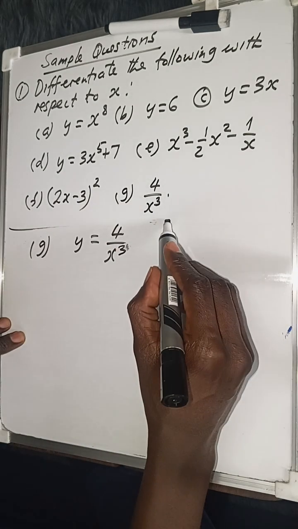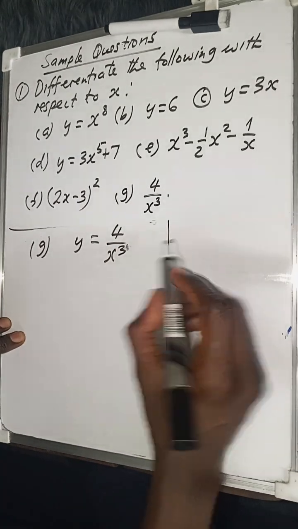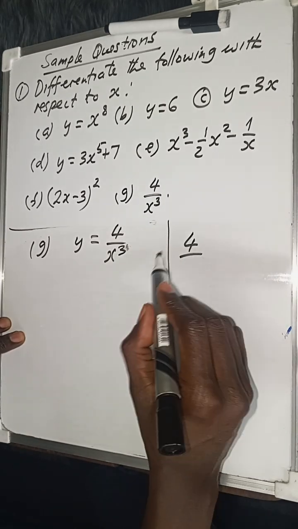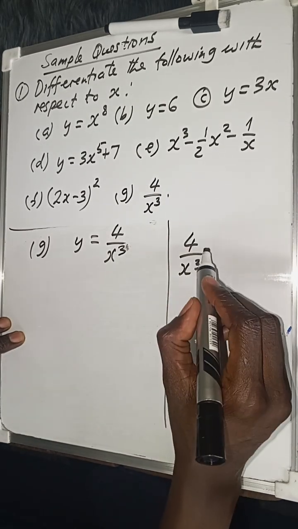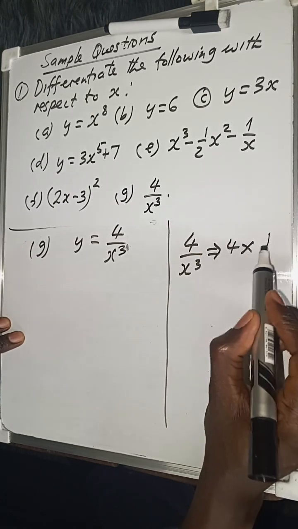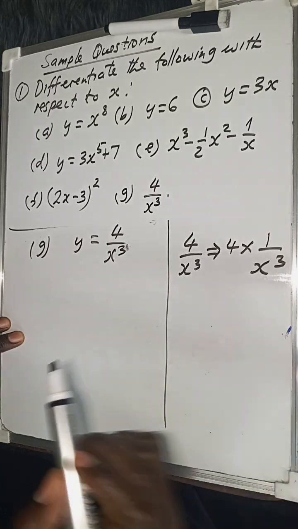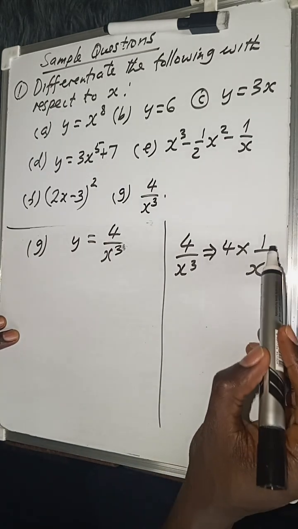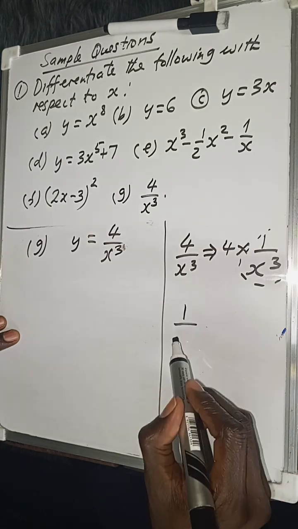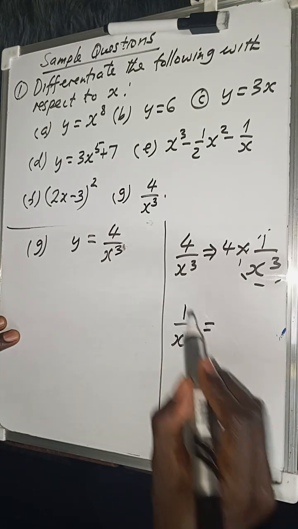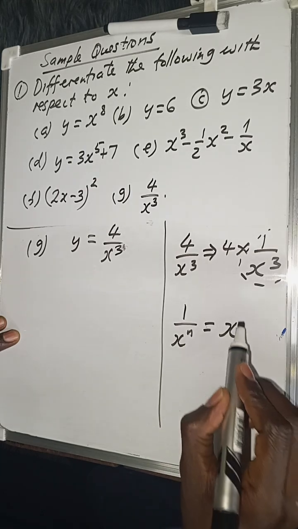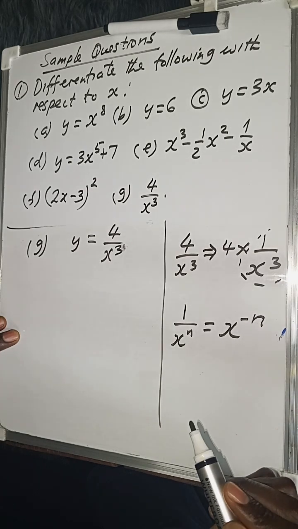Now remember, according to the rule that we used, 4 over x to the power 3 is the same as writing 4 multiplied by 1 over x raised to the power 3. I hope you agree with me. And if you notice this expression there, it's like you're having 1 over x raised to the power n. According to that rule I told you, this one can be dropped down and it will become a negative.